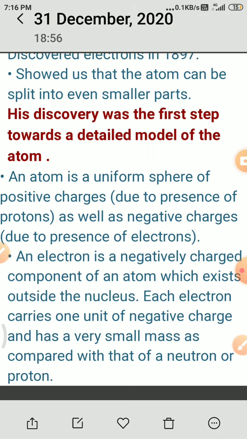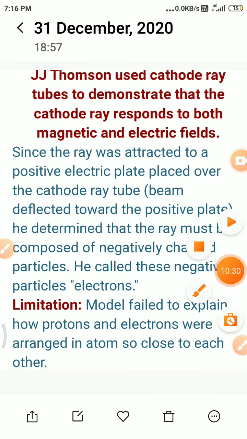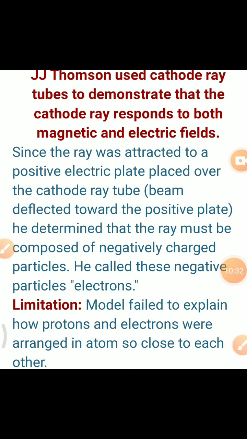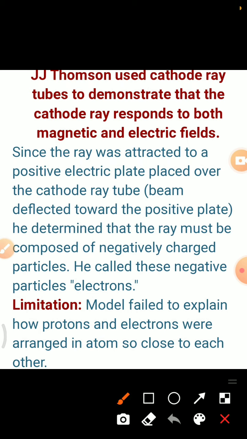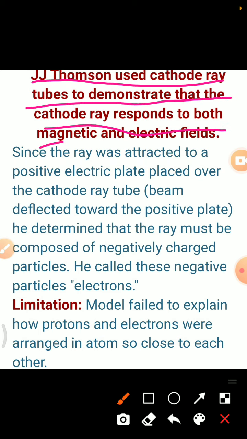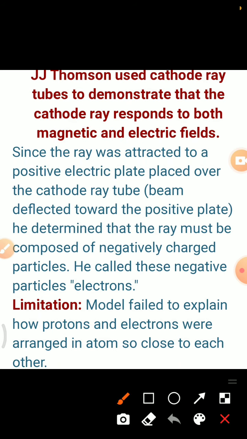There was an experiment which J.J. Thomson did, and he used cathode ray tubes to demonstrate that the cathode rays respond to both magnetic and electric fields.